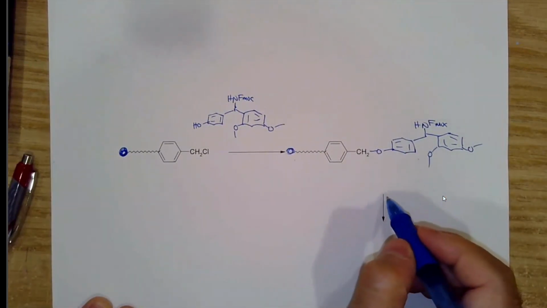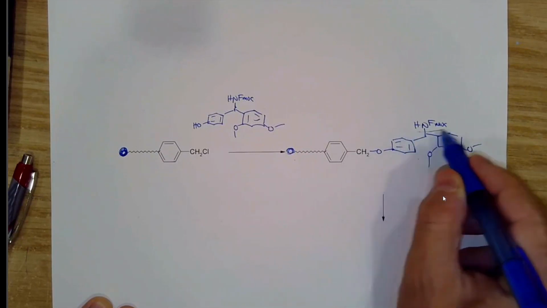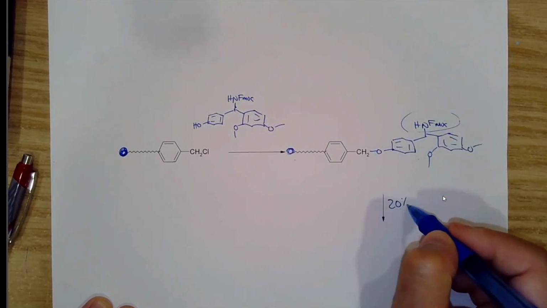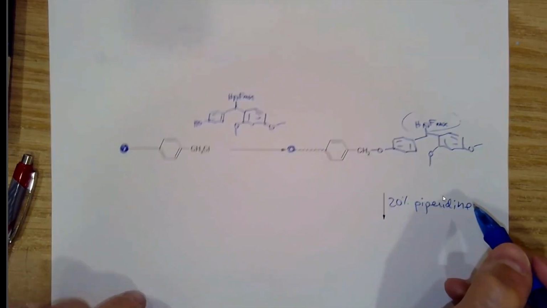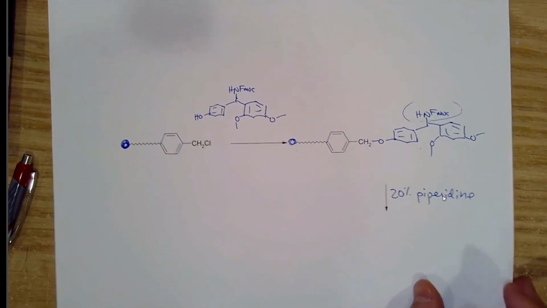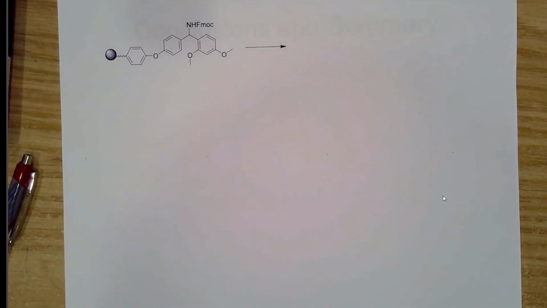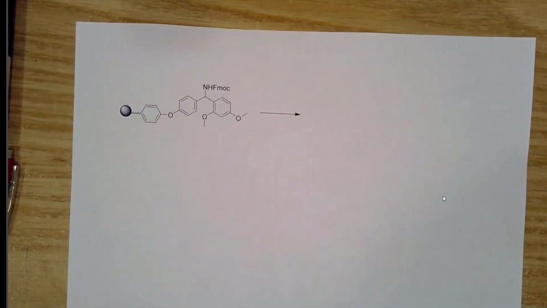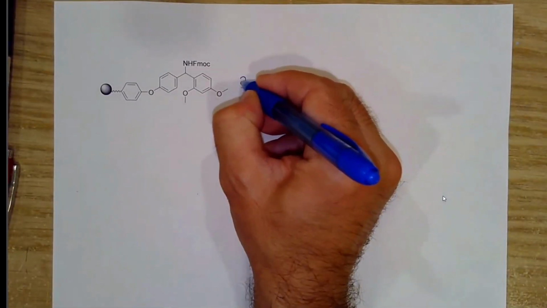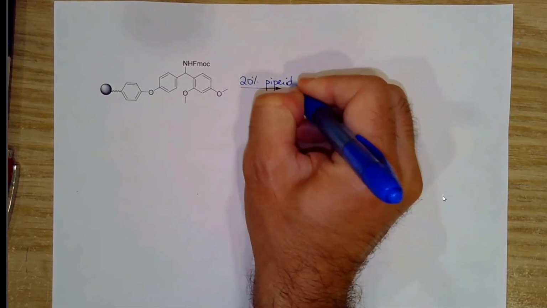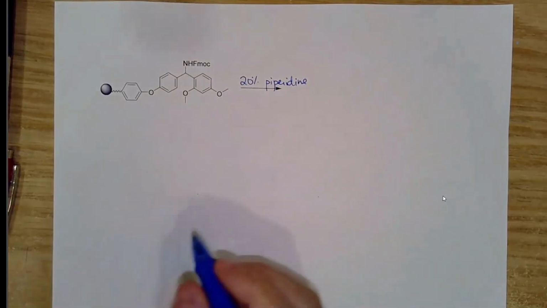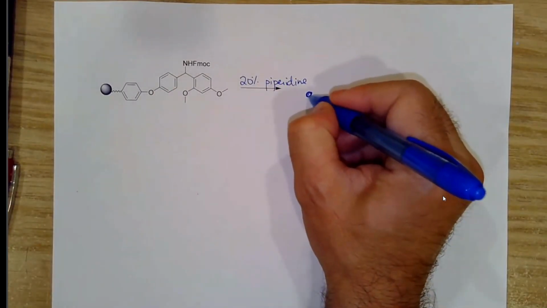The next thing is now removal of this Fmoc group, and you can do that using 20% piperidine. Okay, that's actually highlighted on the next slide right here. So the 20% piperidine generates the structure here.